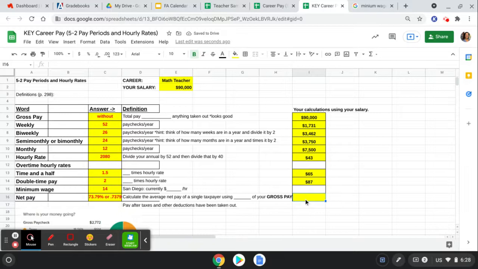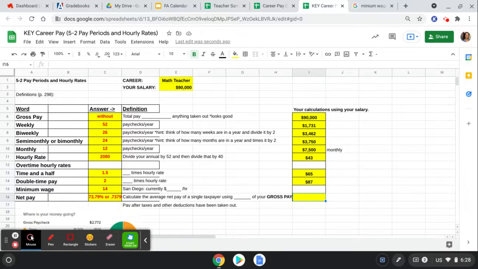Okay, finally, your net pay is going to take your gross monthly pay. So if you can see this one right here, monthly. We're going to take that and take 73.79% of it.